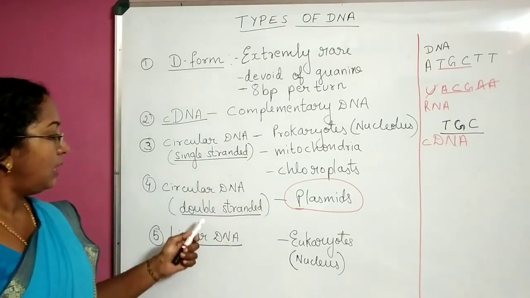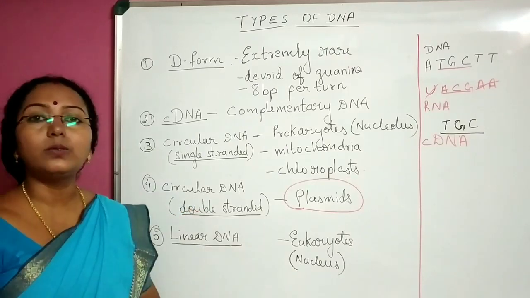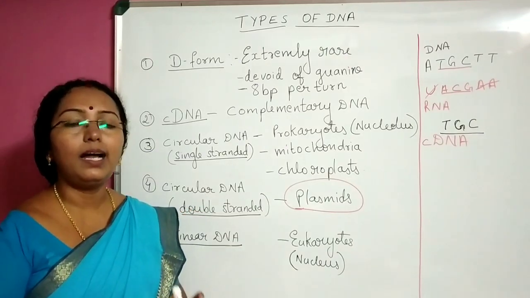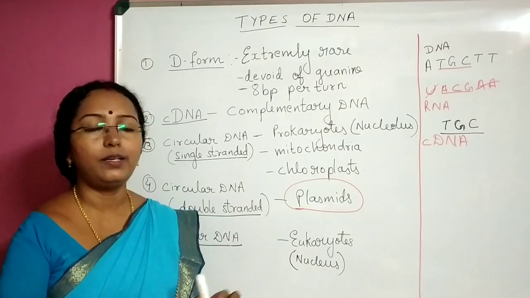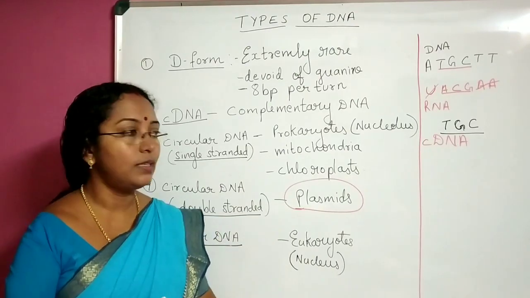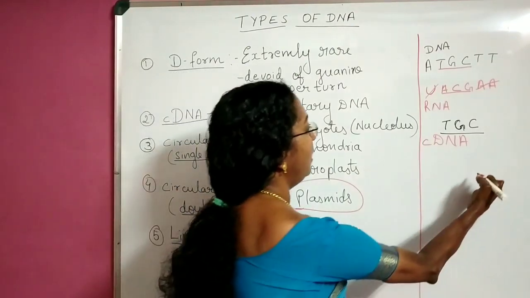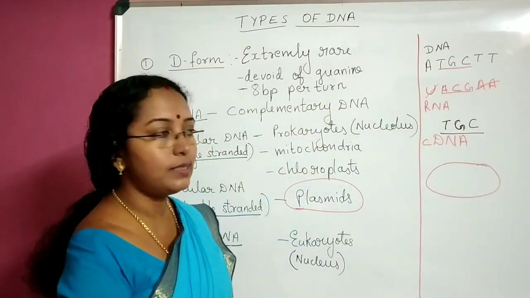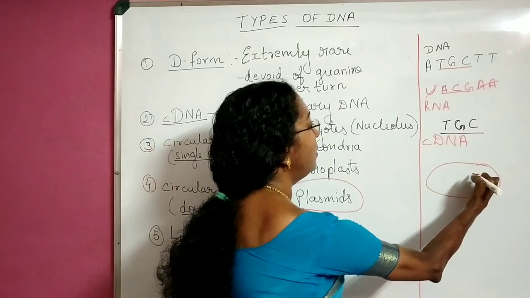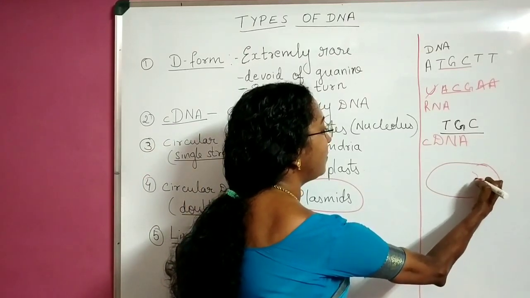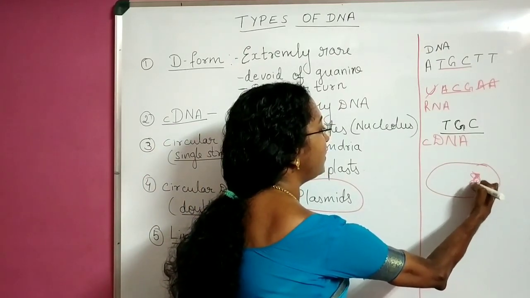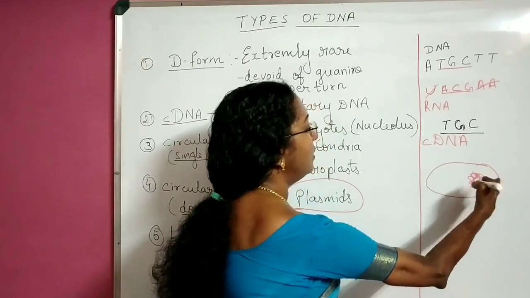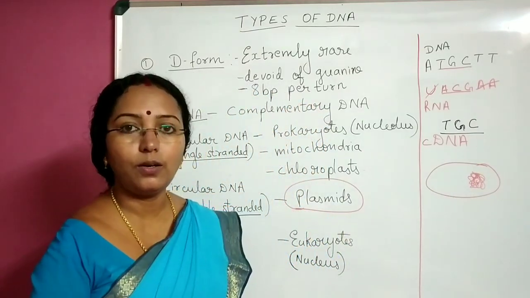They are double-stranded circular DNA and they are found mostly in prokaryotes. Imagine this is the bacterial cell, and you have the circular DNA. I'm just drawing it like this. Circular DNA here in the nucleolus.